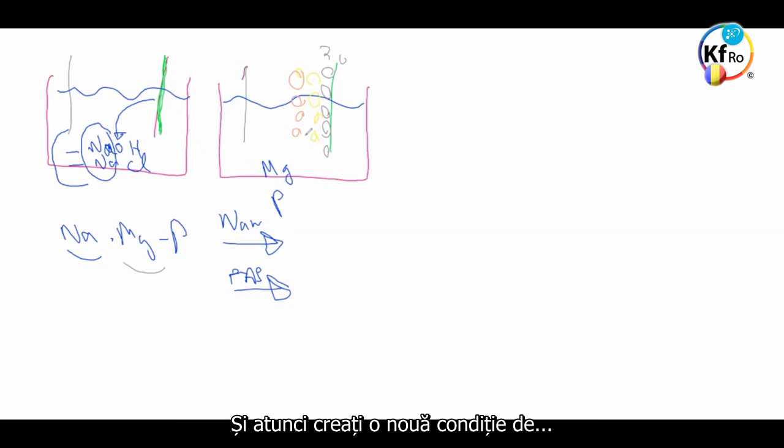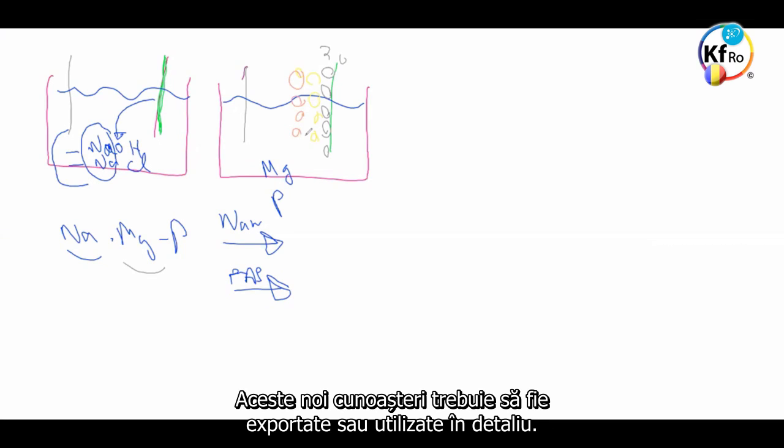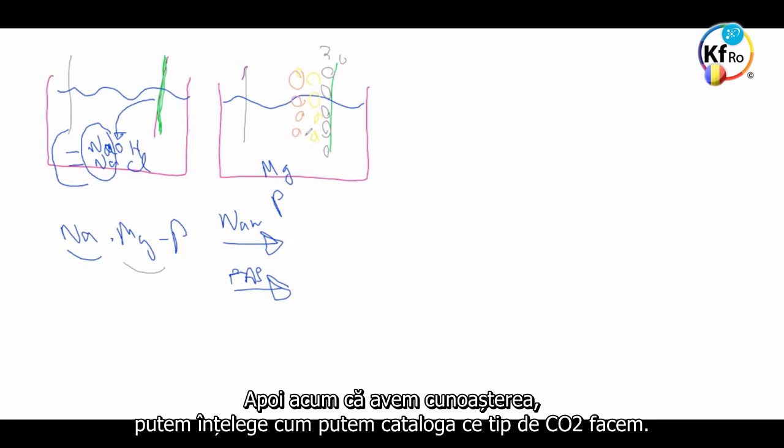And then you create a new sandwich condition. This new knowledge has to be exploited and used in detail. Now that we have the knowledge, we understand how we can specifically categorize what kind of CO2 we make.